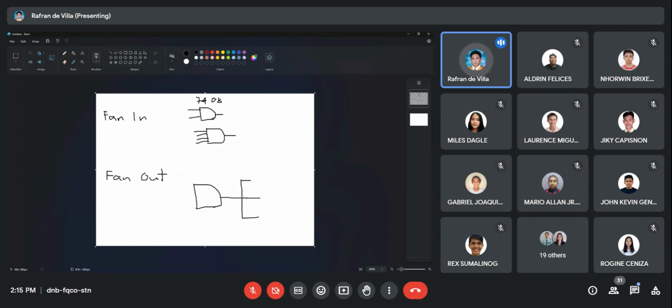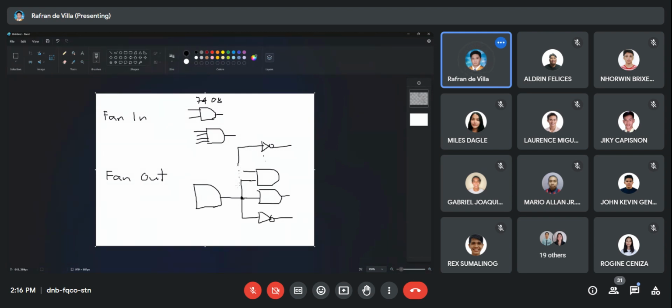So, you have probably seen something like this, wherein the output of a gate, to reduce your implementation, you can recycle and connect it to other gates. Okay? So, when talking about fan-out, what we consider is how many inputs you can still connect to that output.